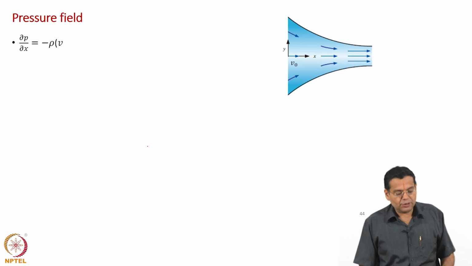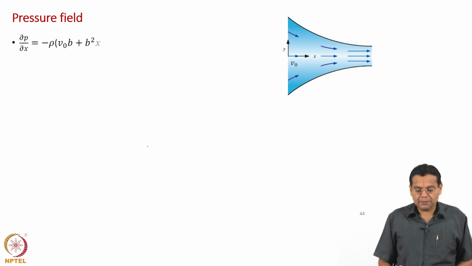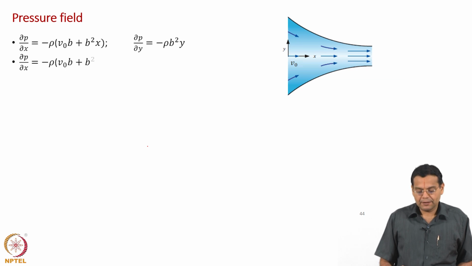We will carry over the pressure gradients from the previous slide. How do we proceed? What we do is start with the pressure gradient in the x direction, dou p by dou x, and then we will partially integrate it.